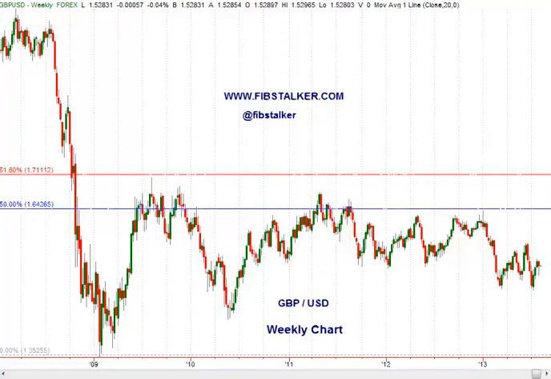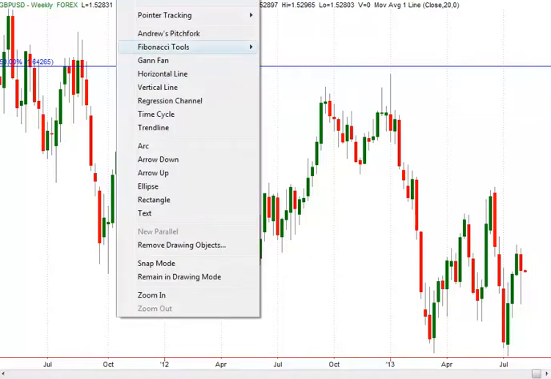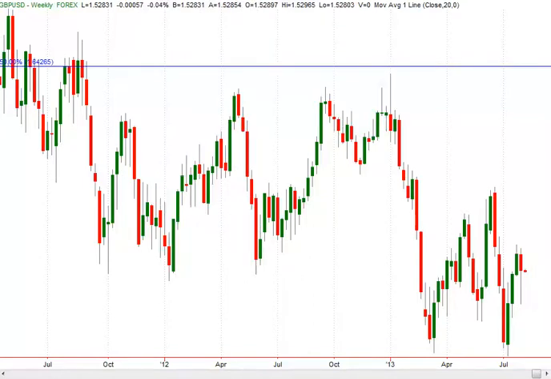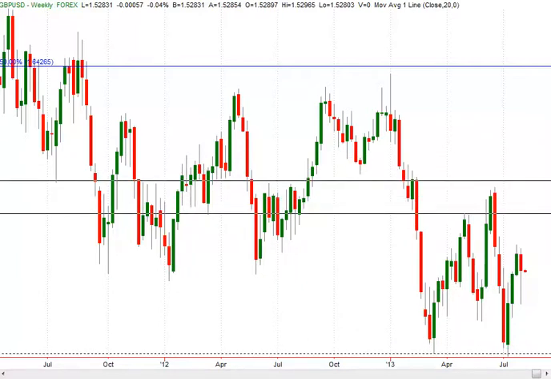Since the beginning of 2013, this pair has been in shorts, and we can see that the next measure move on the weekly was respected because price sold when it reached this 156 area, and it was very clear at the beginning in April. Then this area was tested again, and price was rejected again.